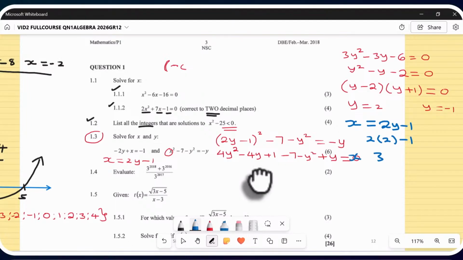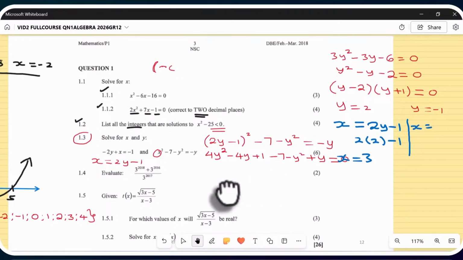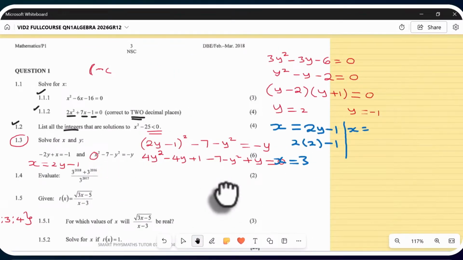Next question here, that is question 1.4. If you check it out here, look at the one which is the smallest, that is 3 power 2016.